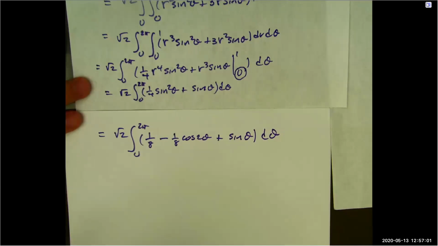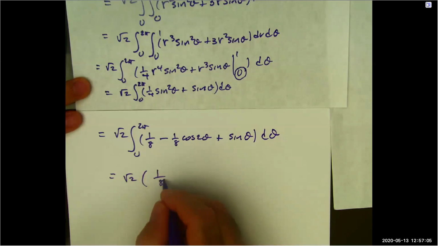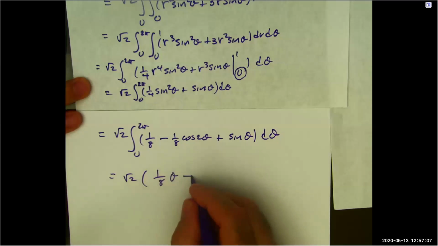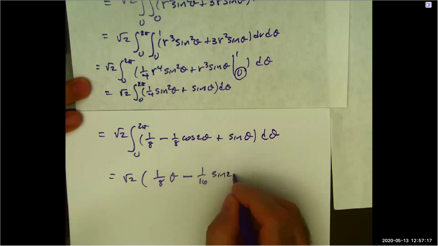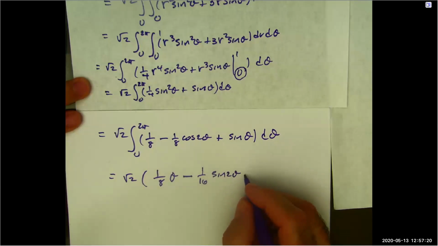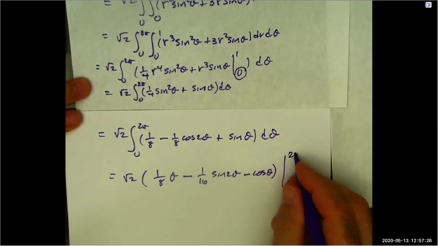And so now we can go ahead and integrate this. So we'll have root 2, 1/8 theta. And then in this case, we're going to have minus 1/16 sine of 2 theta. And then this one is going to be minus cosine theta from 0 to 2 pi.